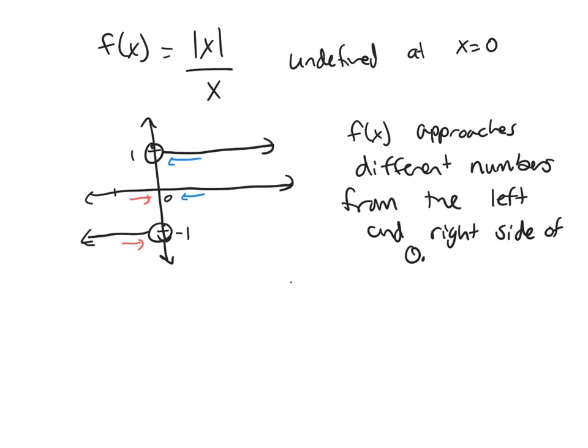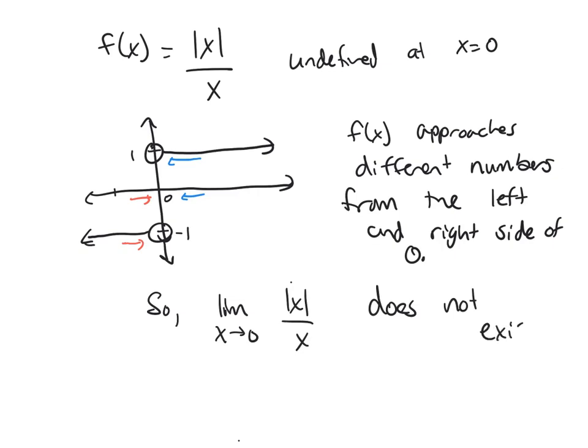Because if we approach on the left and get one number and approach on the right and get a different number, then the limit does not exist. So the limit that we were asked to find does not exist. The two sides have to agree in order for this limit to exist.